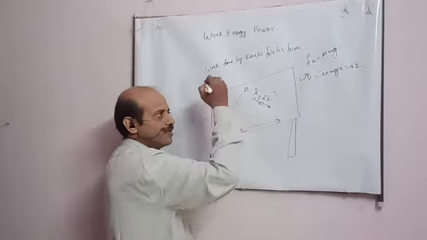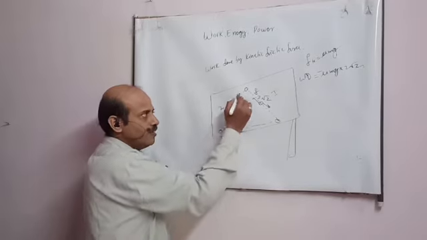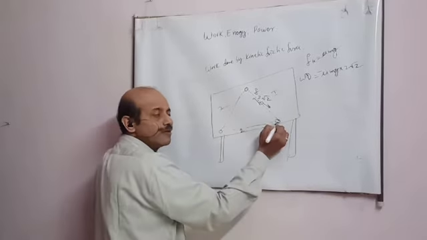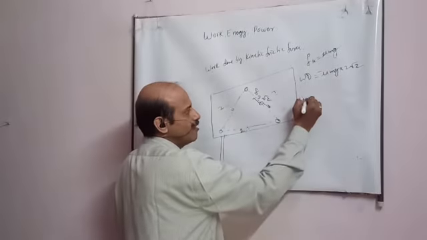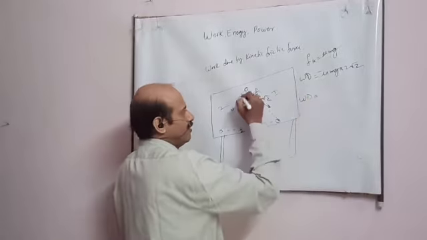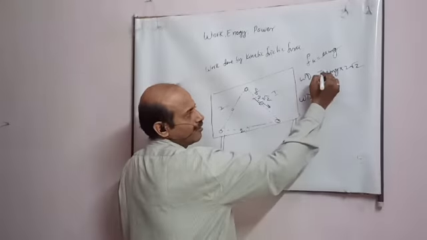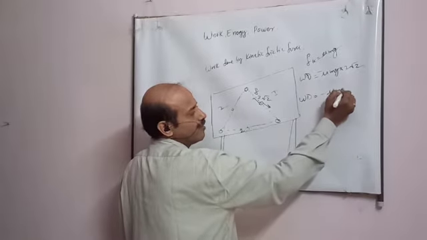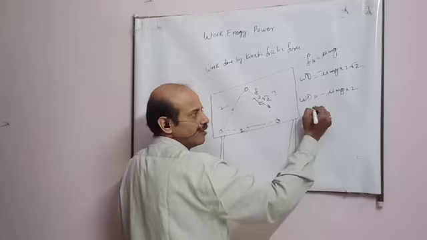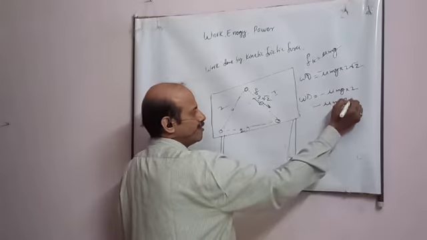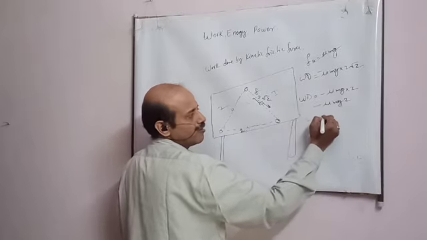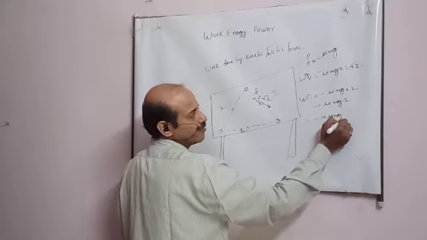Displacement is along this, friction is along this. Now if I bring this ball first from here on this path, so these are the two paths I follow. Now the work done will be, student, along this path, minus mu mg into 2. Again, along this part, total work done minus mu mg into 2. So total work done will be minus 4 mu mg.